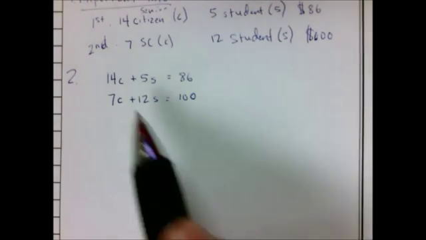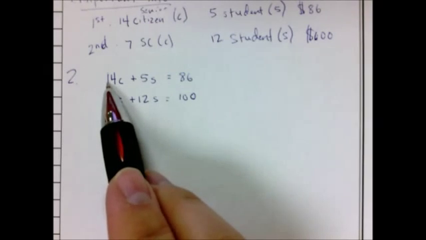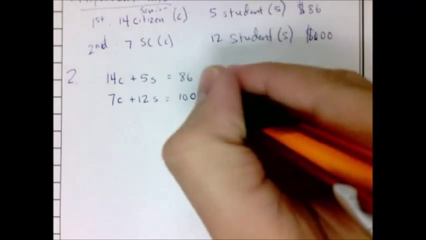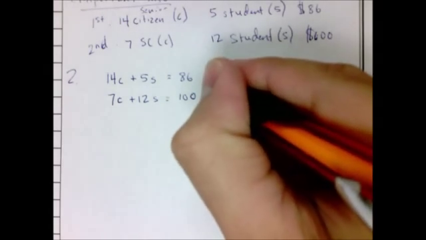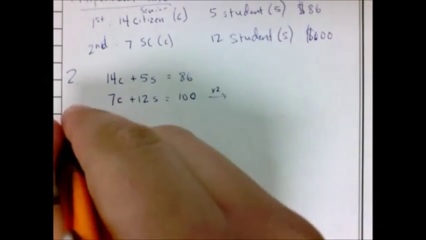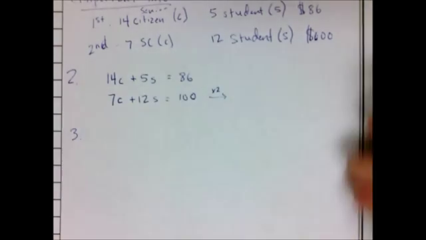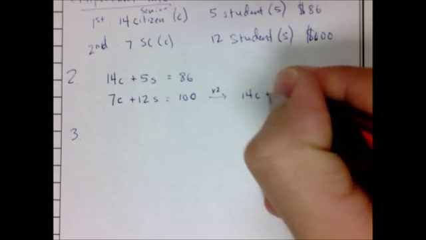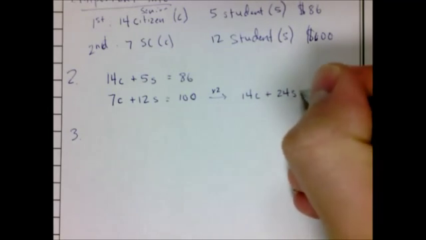And we see 7c goes into 14c twice. So if we multiply this second equation by 2, this is step 3, we would get 14c plus 24s equals 200.